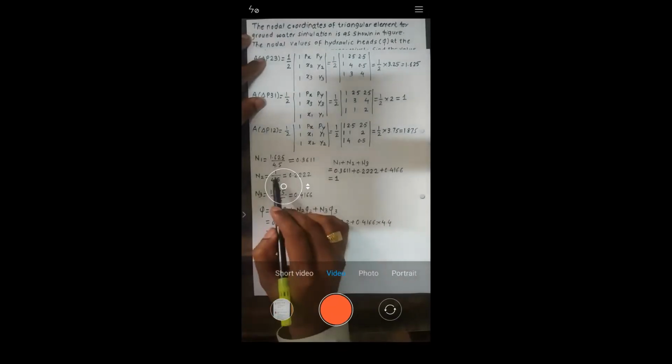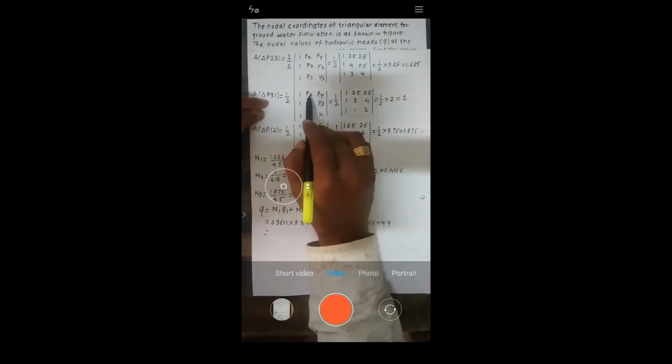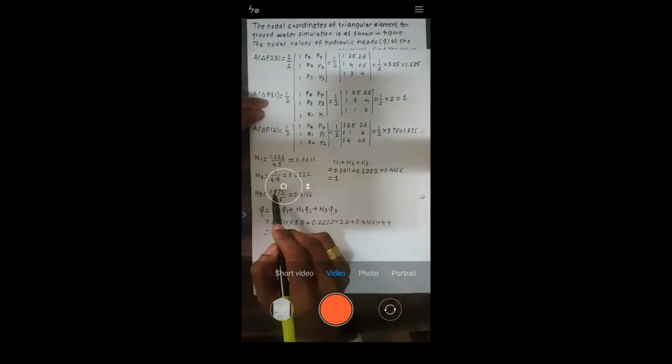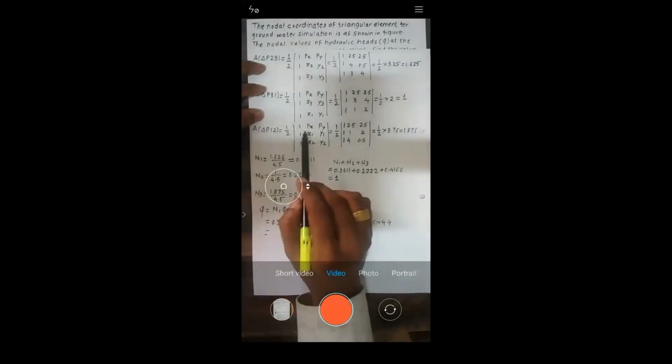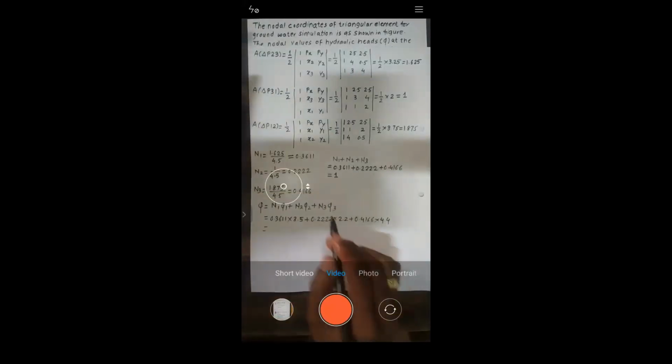Similar case with N2: in the numerator you have area of triangle P31, so there also you have considered point P. Similar case for N3: in the numerator you have coordinates of point P. So obviously this N3 is calculated based on P, and it will give the temperature at point P.